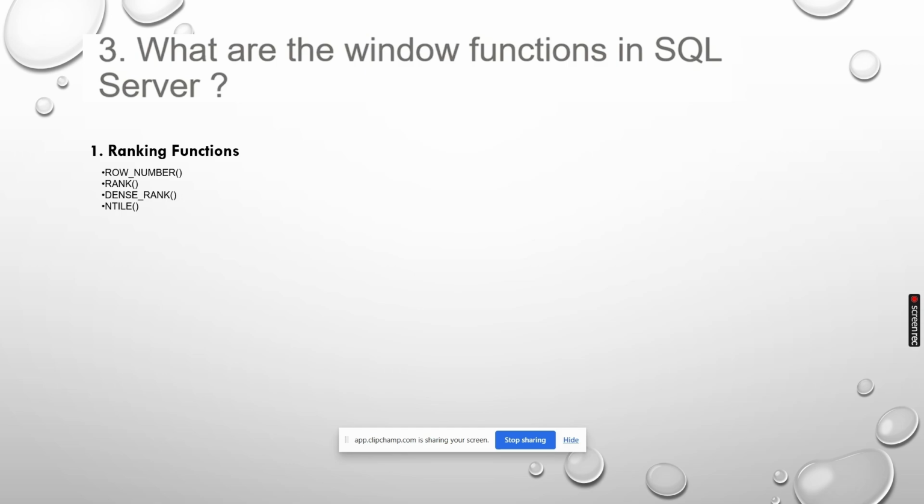If two people tie for first, the next rank will be third. DENSE_RANK gives ranking without gaps. If two people tie for first, the next rank will be second. NTILE divides the rows into n equal groups.